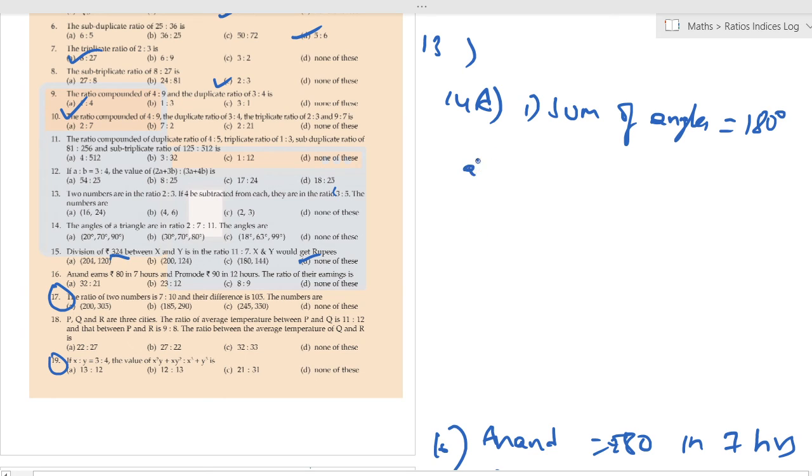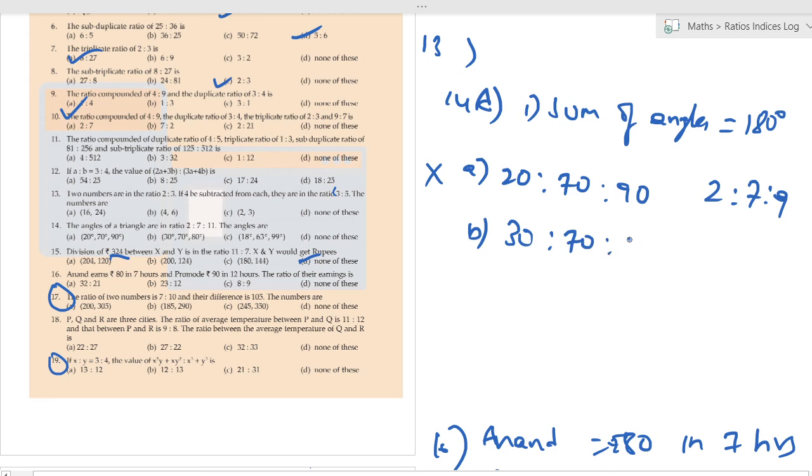So option A, 20:70:90, is in the ratio of 2:7:9. So option A is not correct. Option B, 30:70:80, is in the ratio of 3:7:8. So this is also not correct. Option C, 18:63:99.